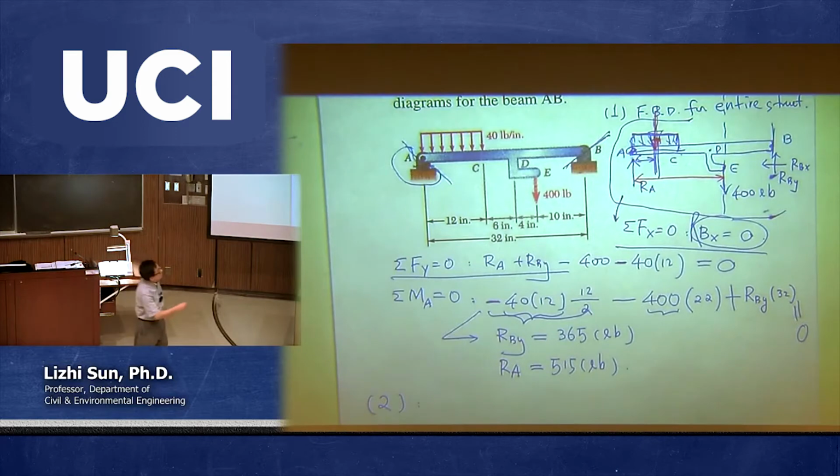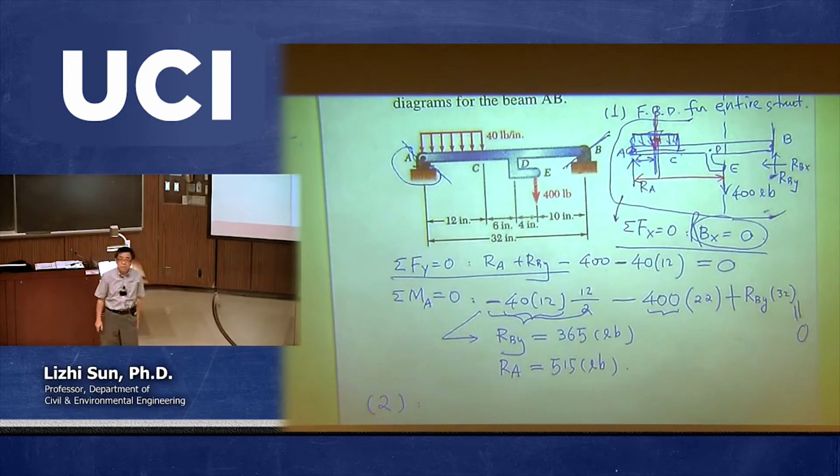On the other hand, you may say, well, can I first make this uniform distributed load equivalent to a concentrated load acting on the center? If this is the case, then we need to say from A to this point, we need to make one cut. From this point to this point, we need to make another cut.